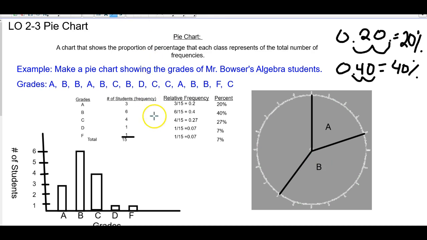Next, we're going to do C's. We have 4, which is 27%. So we're going to estimate here. 5, 10, 15, 20, 25, 26, 27. And then D is 7% and F is 7%.